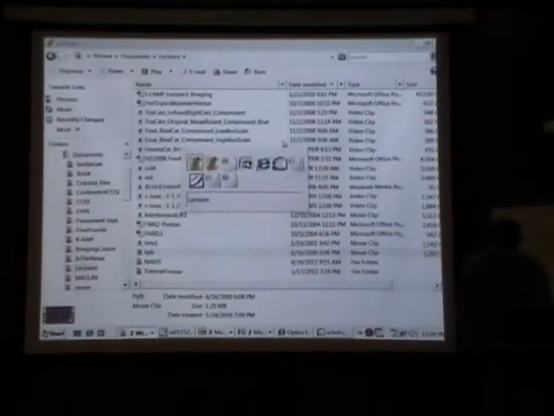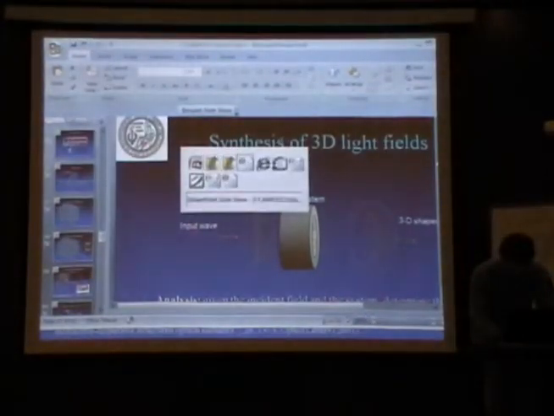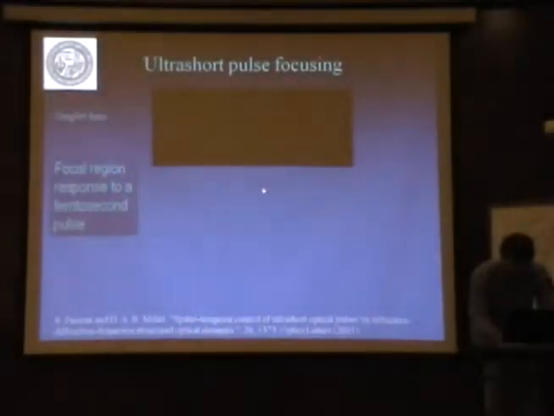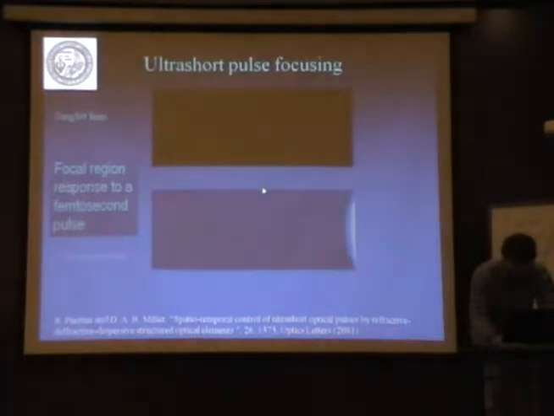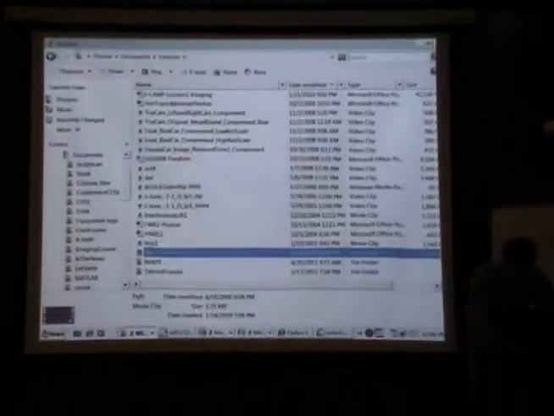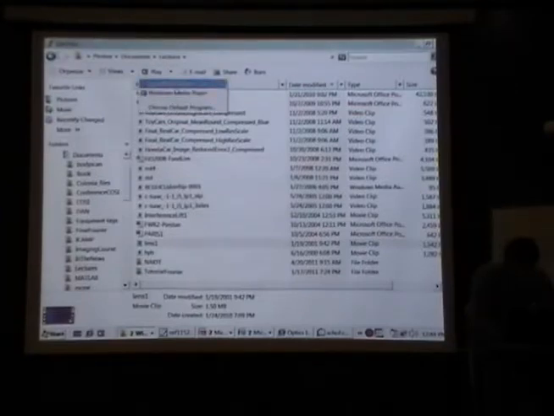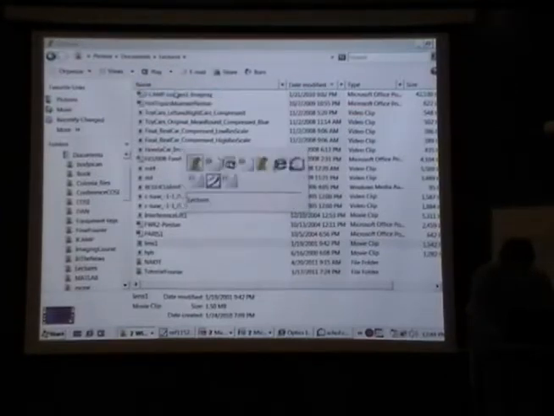I can show it on my computer if you are interested. Sorry about that. Okay.